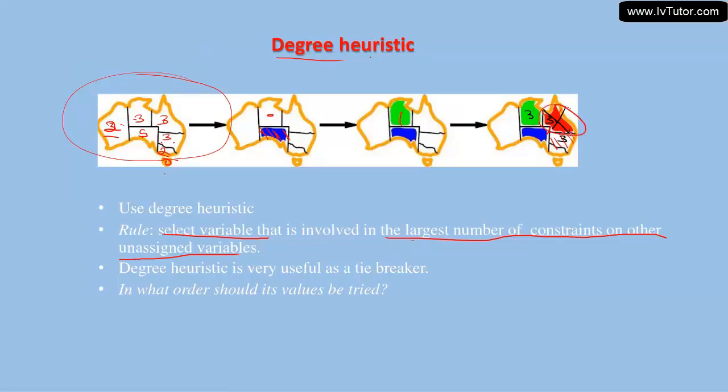But it is a legal move because they all had 3 boundaries or constraints. So that is one of the drawbacks of the degree heuristic. If it's a bigger search, you can continue with your search even though it is going to end up in a fail, or not end up in a complete allocation of the variables.